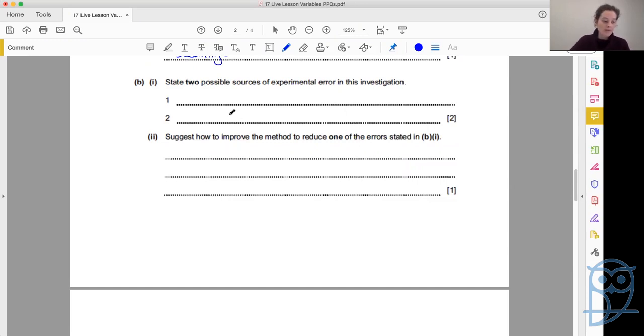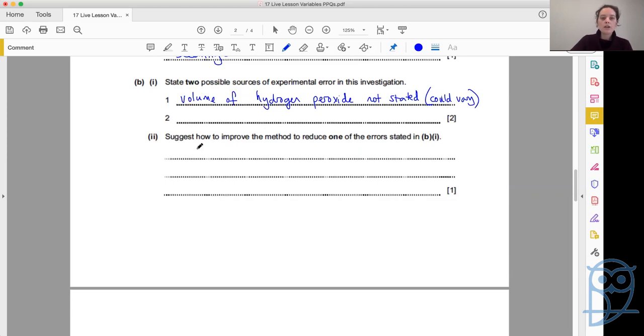So the big one was the volume of hydrogen peroxide is not stated, and therefore it could vary. And that's not going to give us an accurate result, okay?